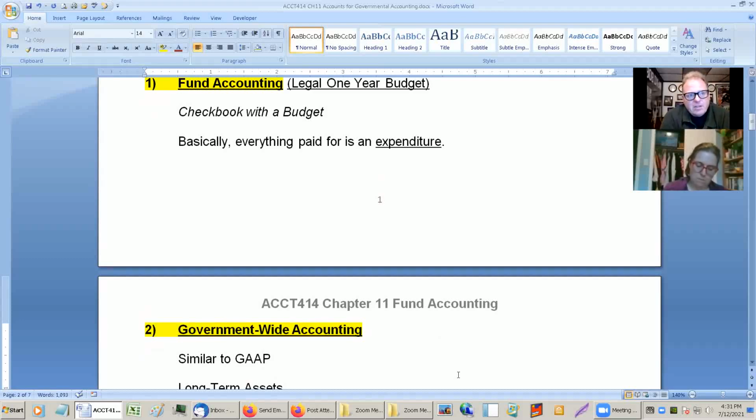You buy a police car, you record it as an expenditure in fund accounting, or as equipment in government-wide. So you'll have two different sets of books, which sounds like you're doing something illegal, but actually you're required to do it.